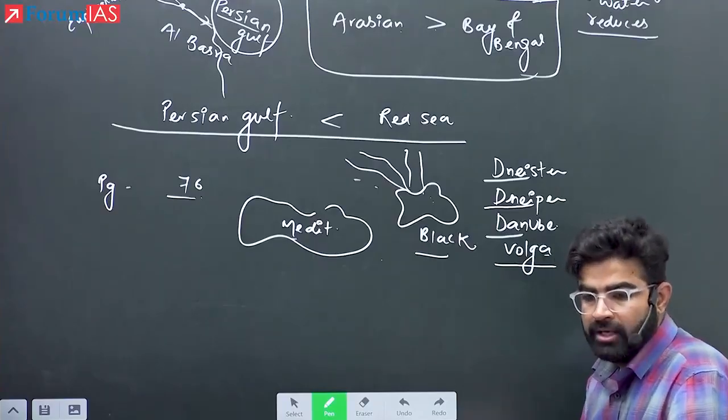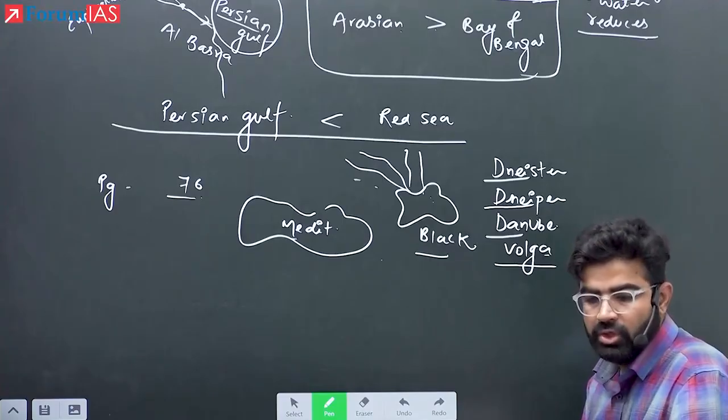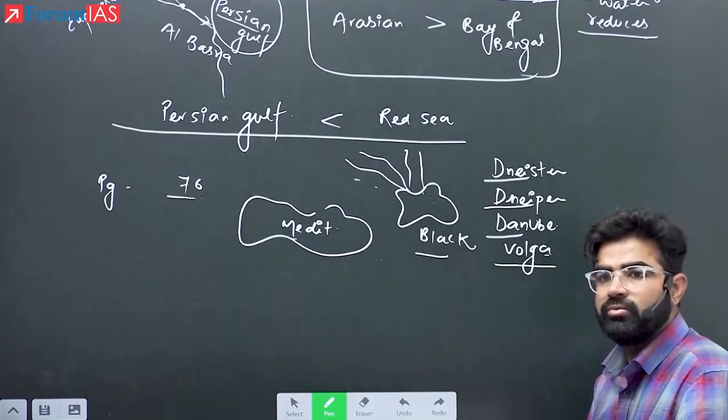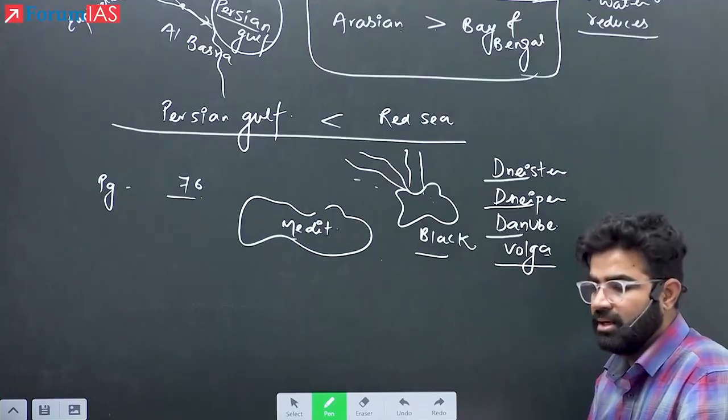So all these D names, Don, Dnieper, Danube, Dniester, they all are going into which body? Black Sea. Look carefully there.